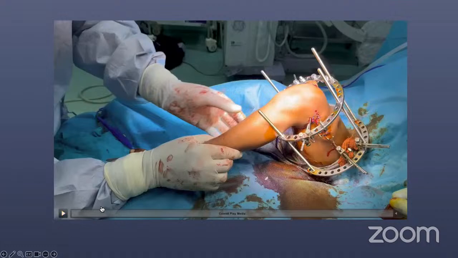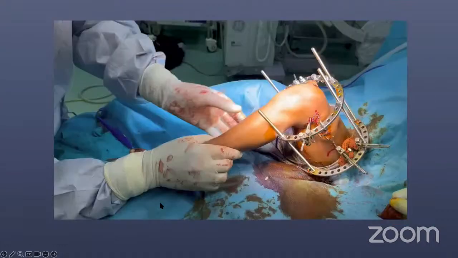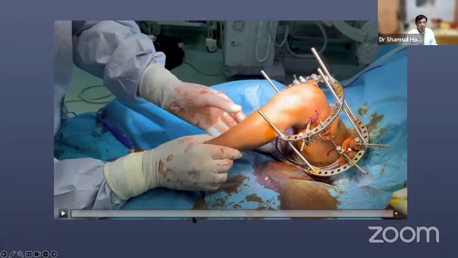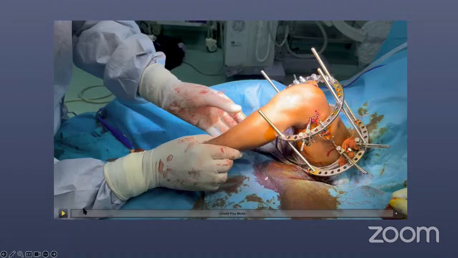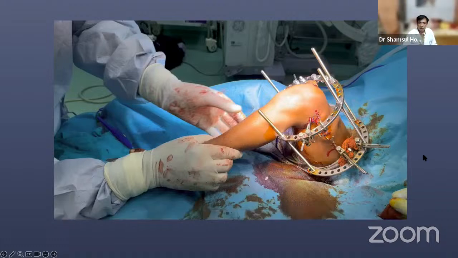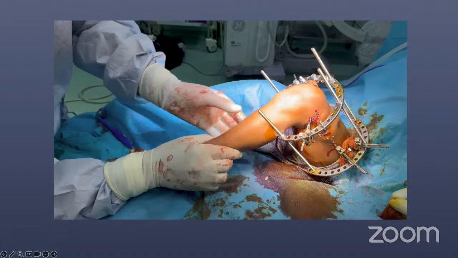It's not playing. Okay, I just wanted to show that the knee range of movements can be preserved here if you are putting the pins by keeping the knee in 90 degrees of flexion. So here it was possible to get around 90 degrees of movement at the knee joint.